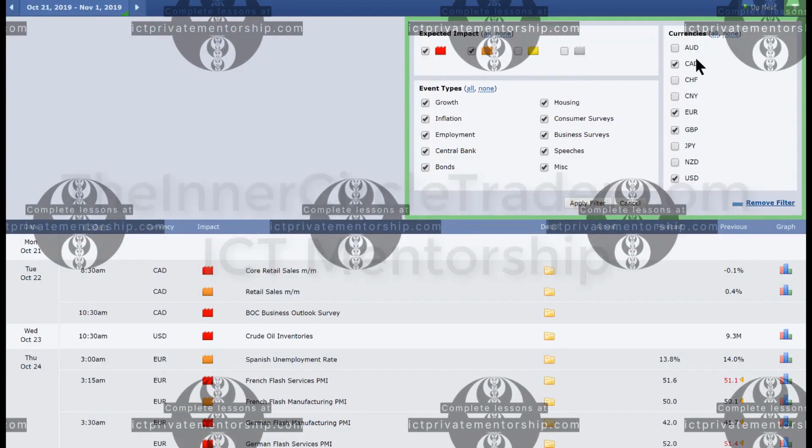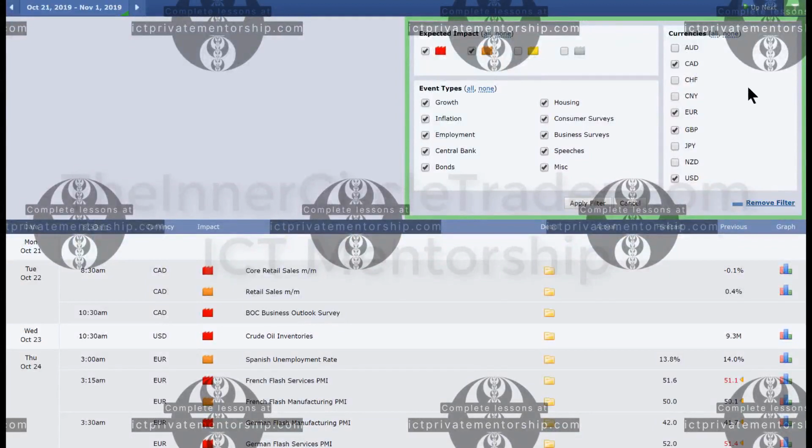In periods of time where I'm trying to be a deviant from what I usually do, I may elect to use Aussie dollar over Canadian dollar or both at the same time. But generally, these are the settings that I use.